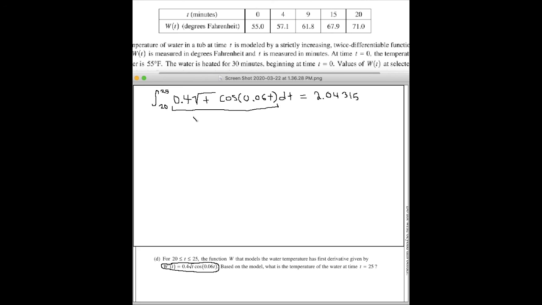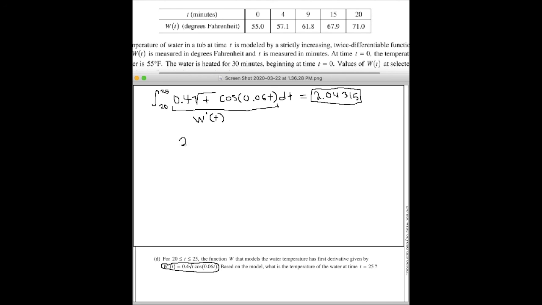is actually W'(t), which means when we take that definite integral of our first derivative, we're essentially ending up with our original function from 20 to 25. I'll write that out a little more explicitly. So this value that we just found is our temperature change from 20 to 25.